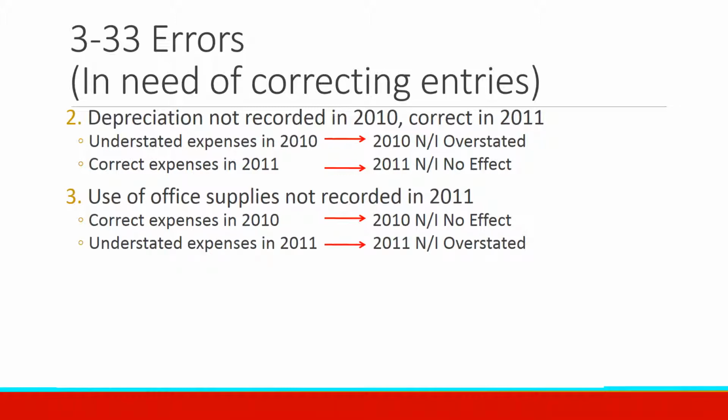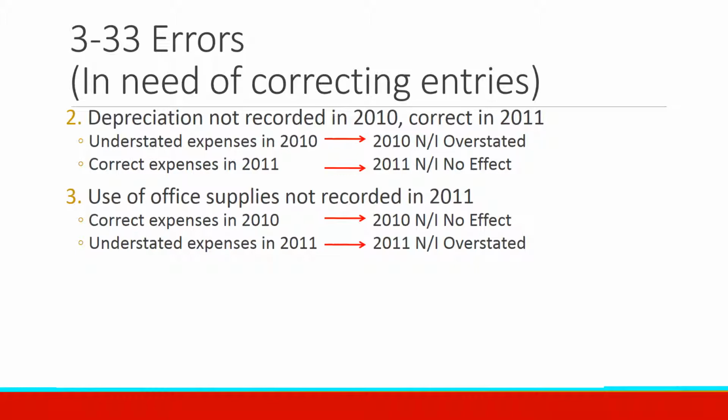However, if we didn't record the use of the office supplies in 2011, then the office supplies inventory is still high, and supplies expense was never recorded in 2011. So expenses in 2011 were understated, and the net income in 2011 will be overstated.